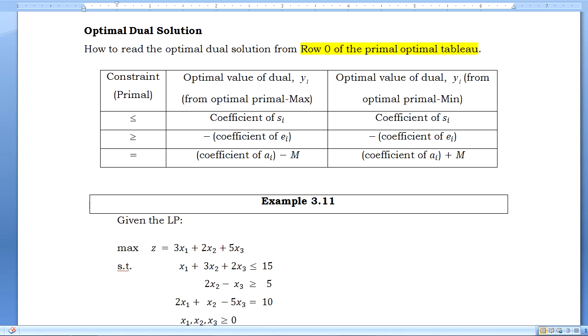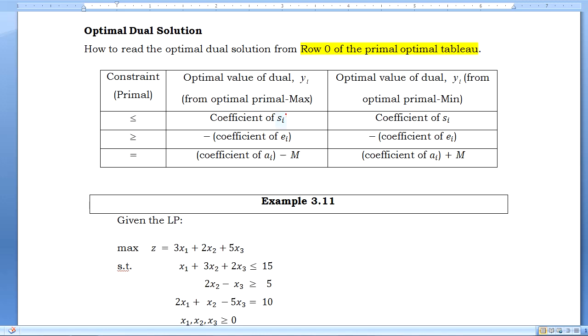We can find the optimal value solution from the optimal primal tableau. The value of the dual variable yi depends on the sign of the primal ith constraint. If the ith constraint is a less than or equal to constraint, then the value of yi is equal to the coefficient of Si in row 0 of the optimal primal tableau.